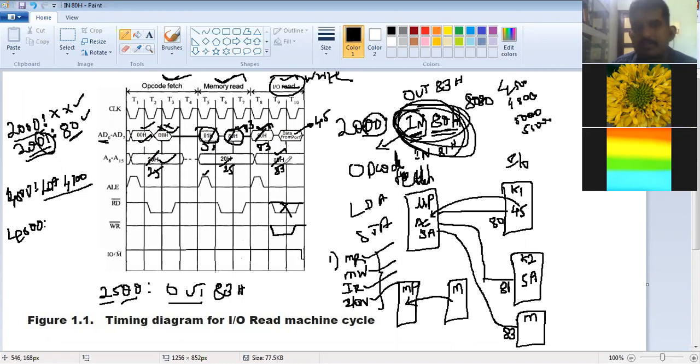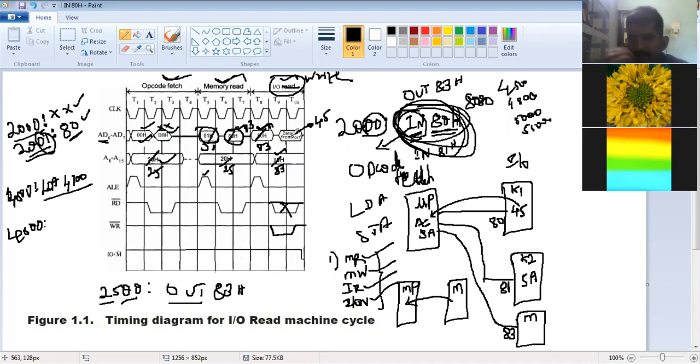Both in A8 to A15 and AD0 to AD7, 83 will come. Then what will come here? Okay, Hiba, you are right.